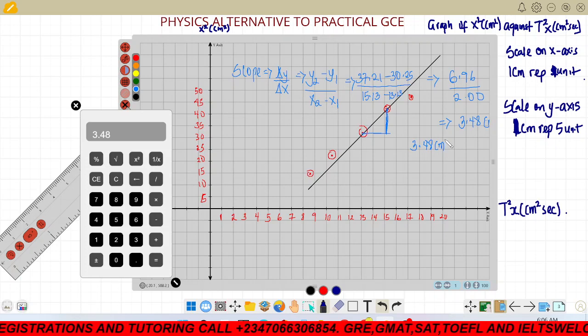Centimeter square over, you can see that is over a slash. Look at this guy. Centimeter square. Can you see? Then seconds. Now, what do you know in your mathematics class? What happens? Centimeter square gets cancelled out. So you have 3.48.